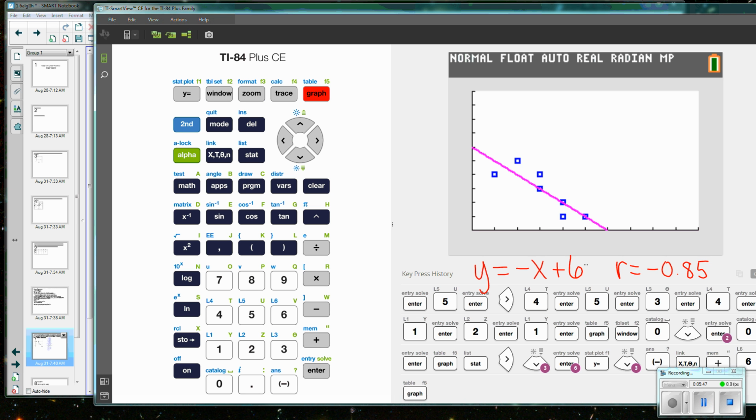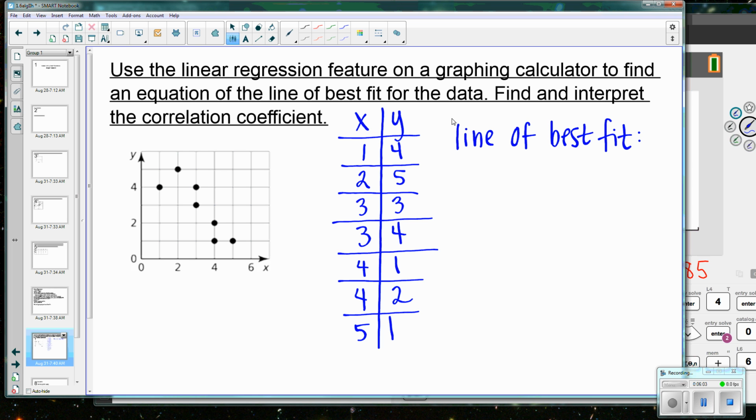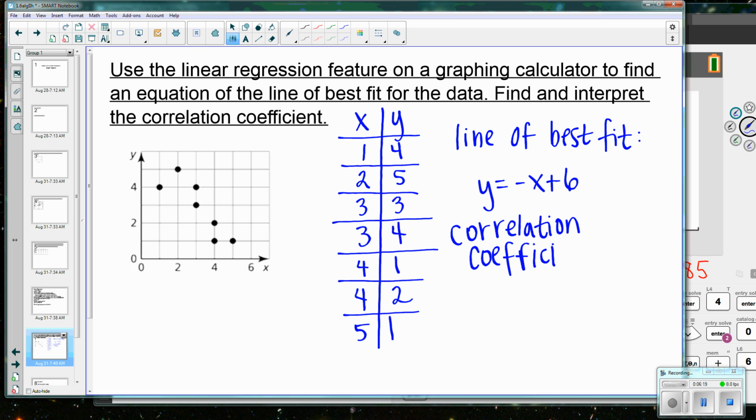So now what we're going to do is write down our equation and our correlation coefficient. So our line of best fit equation was y equals negative x plus 6. Our correlation coefficient was about negative 0.85.